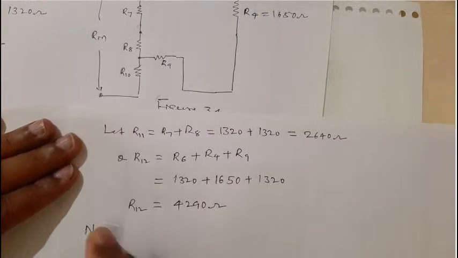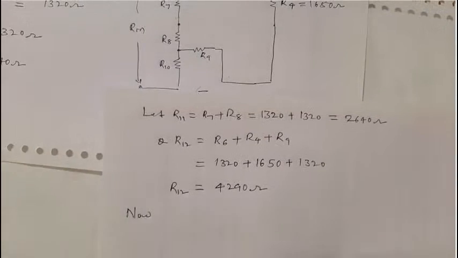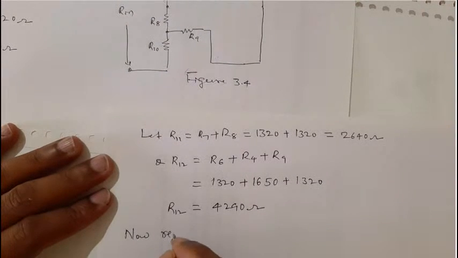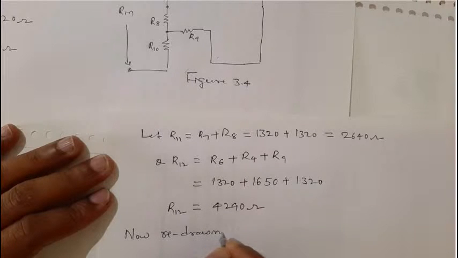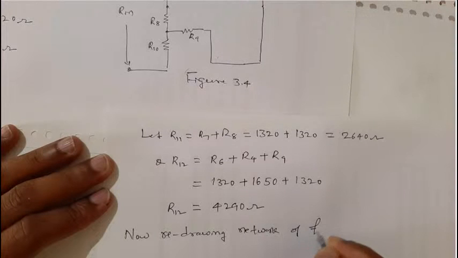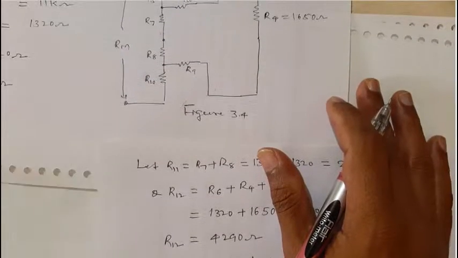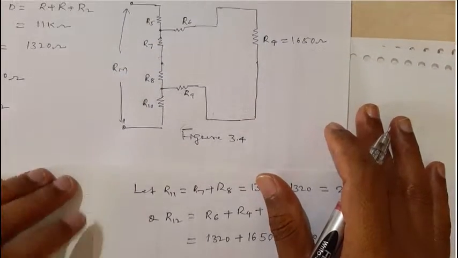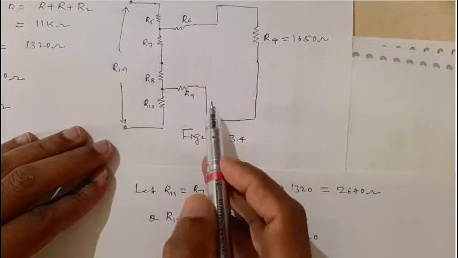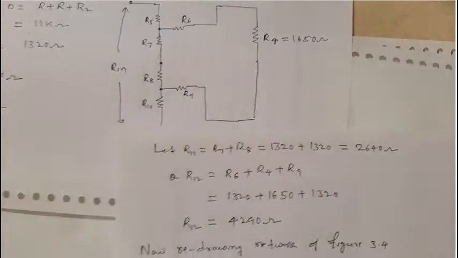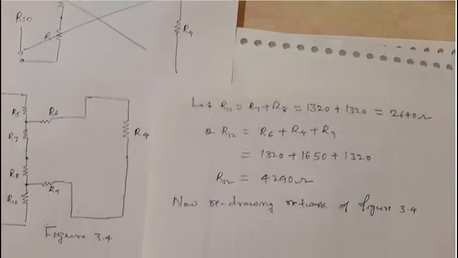Now redrawing the network of figure 3.4, you can write something like this. Here I can reduce these three resistors to a single resistance and these two resistors to a single resistance. If I redraw it, how do we get it?